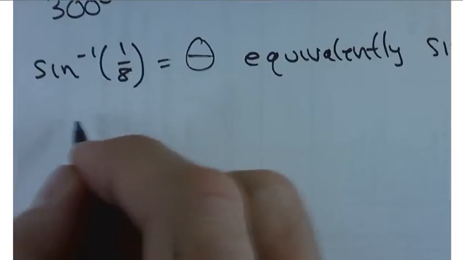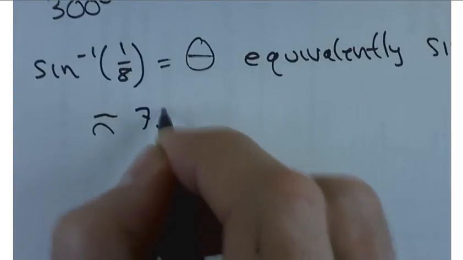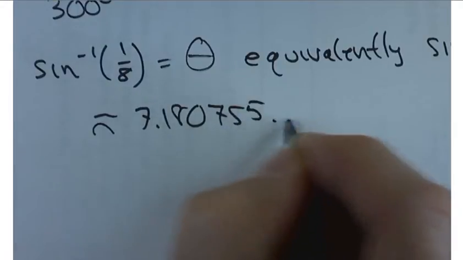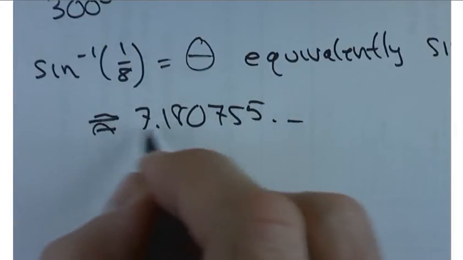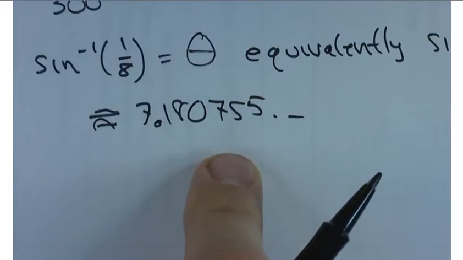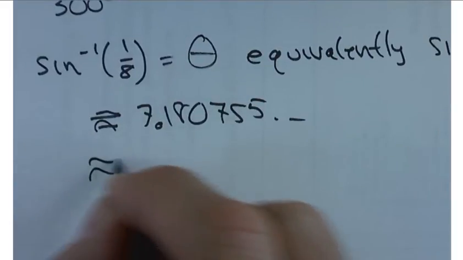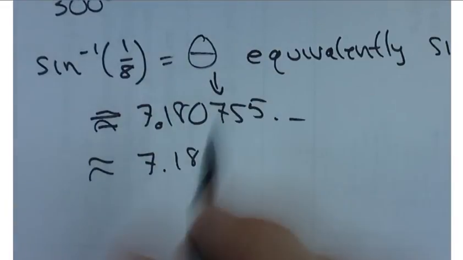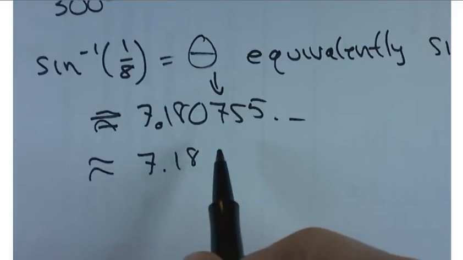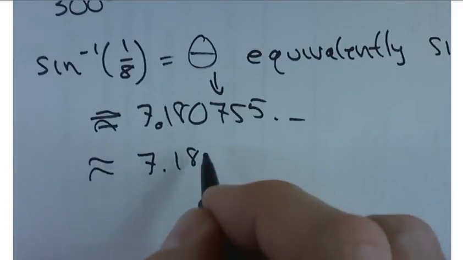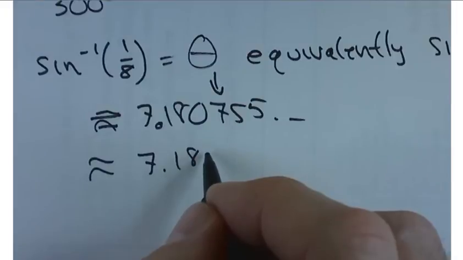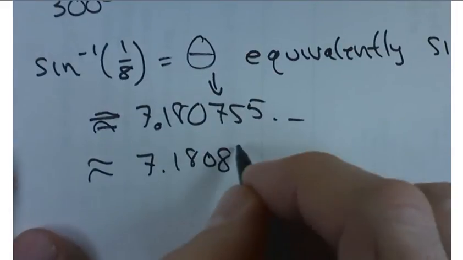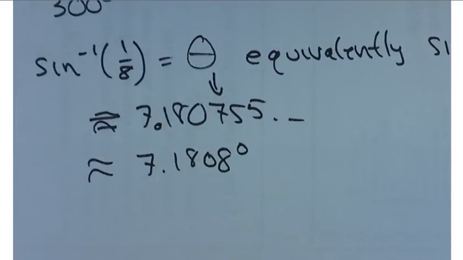Approximately 7.18075, etc. Typically speaking, I will tell you how many digits I want this rounded to, and more often than not, it's going to be to the 10,000th place. That would be right here, the 4th digit. If I round this to the nearest 10,000th place, what's that going to be? 7.1808. And we'll put degrees here just to be safe.